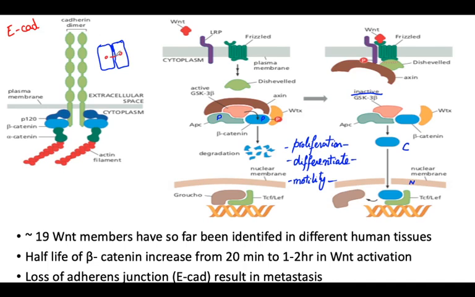These E-cadherin molecules, which I am intentionally making red, are attached inside the cytoplasm via beta-catenin. So loss of beta-catenin also results in the loss of connectivity of two cells staying together.